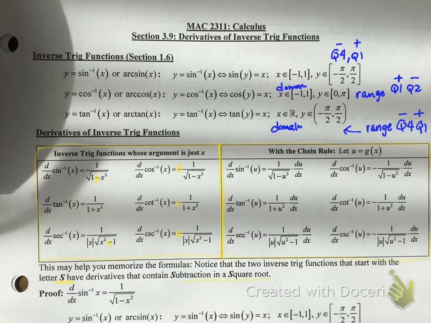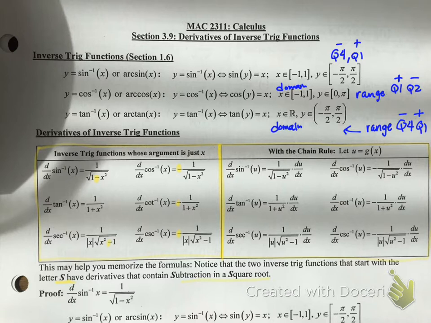The derivative of inverse cosine of u equals -1 over the square root of 1 minus u squared times the derivative of u. The derivative of inverse tangent of u is 1 over 1 plus u squared du dx. And the derivative of inverse cotangent of u is -1 over 1 plus u squared times the derivative of u.